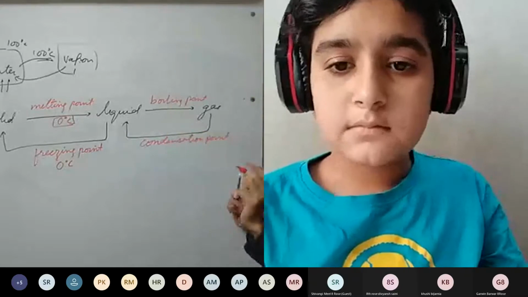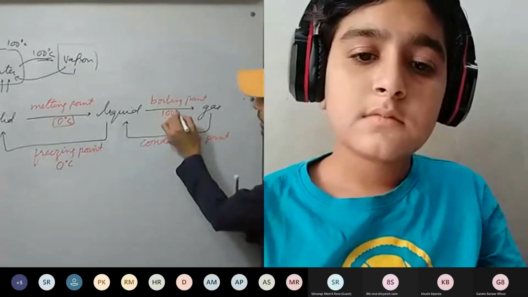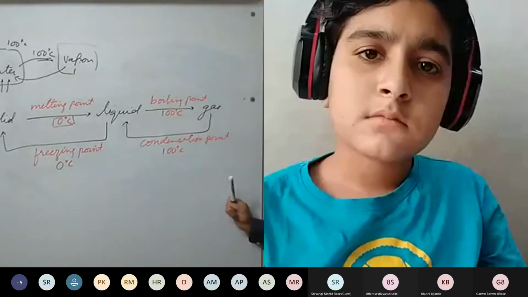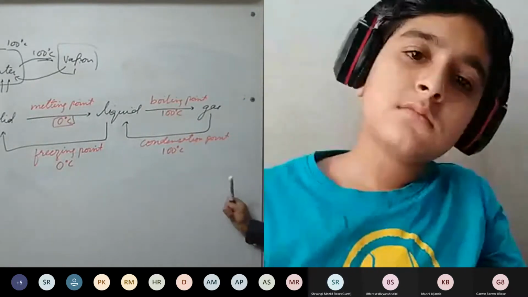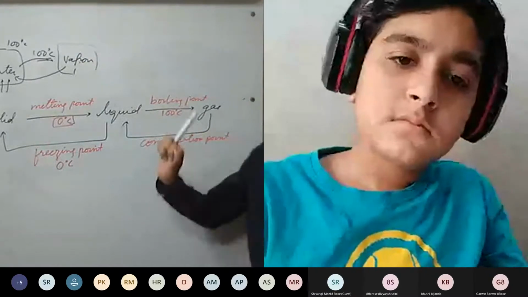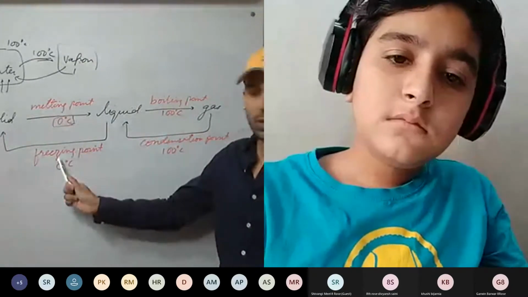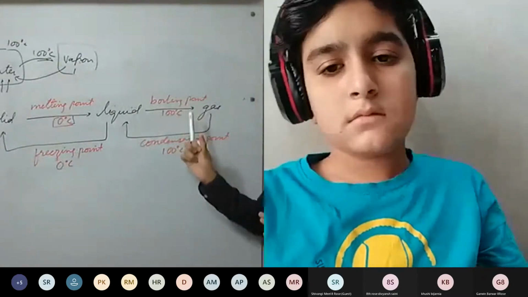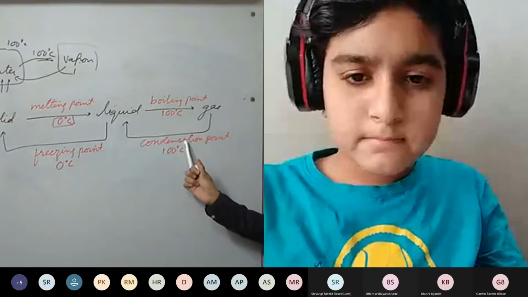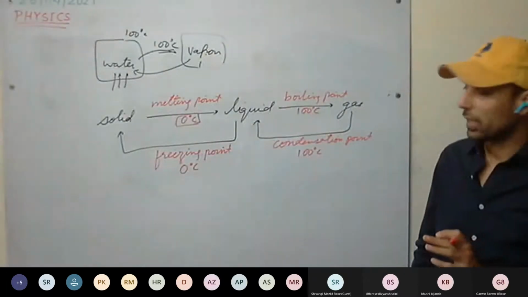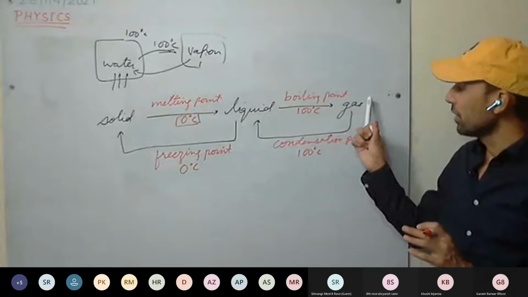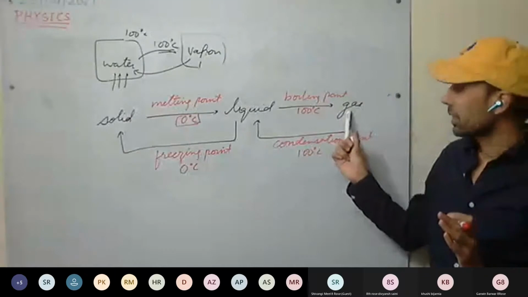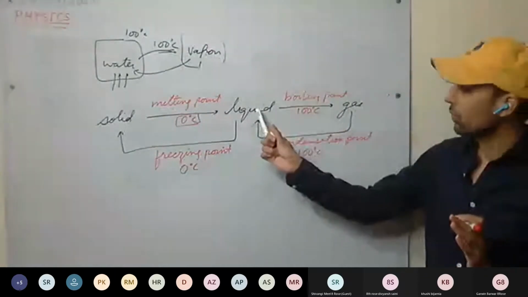Are they the same? For example, we take water. Boiling point is 100 degrees Celsius, and gas to liquid, condensation point is also 100 degrees Celsius. So for every substance, melting point and freezing point are the same, only the difference of latent heat. For every substance, boiling point and condensation point are the same, only the difference of latent heat. At 100 degrees Celsius, if vapor releases latent heat, 540 calorie per gram, it will convert into water.